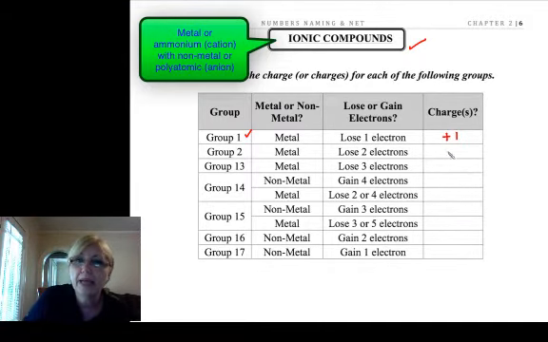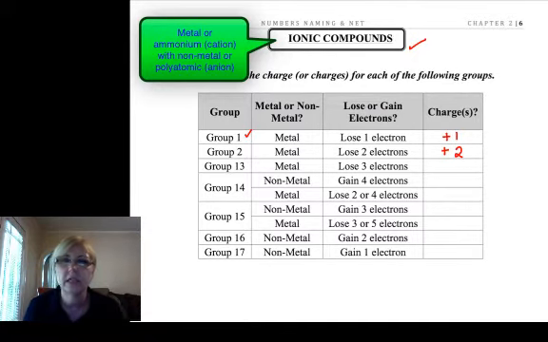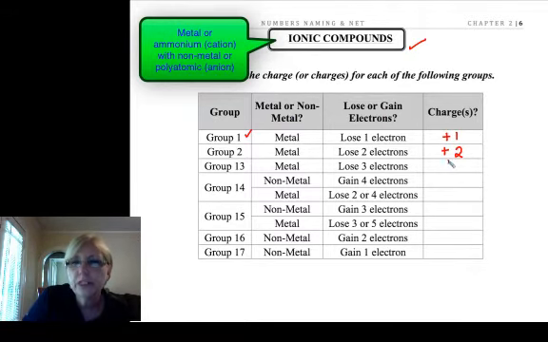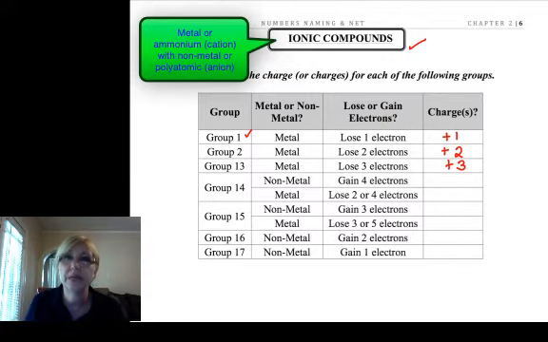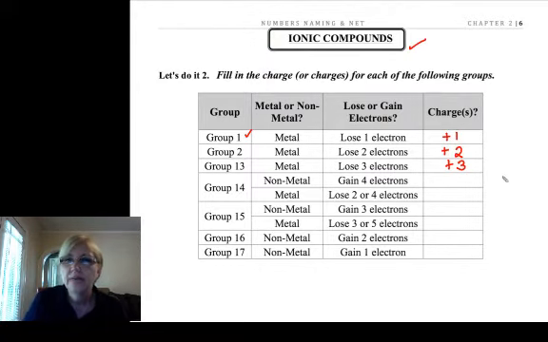Group 2 metals, calcium, strontium, magnesium, barium, that little cluster, are +2. Group 13 metals, the ones you're going to come across, are going to be +3. So those are some of our firm rules for our cations.